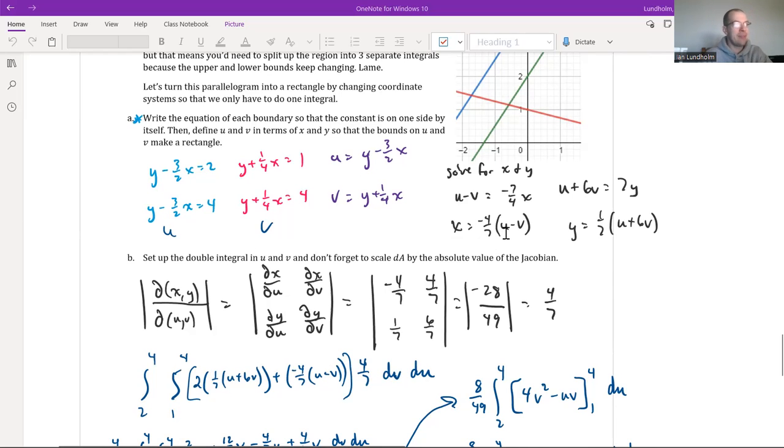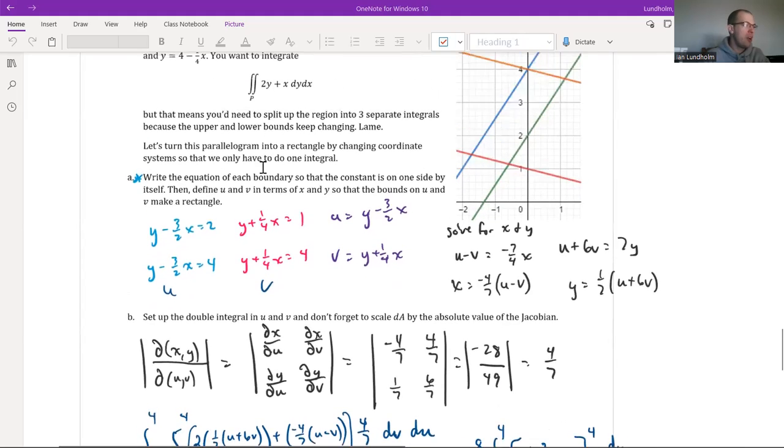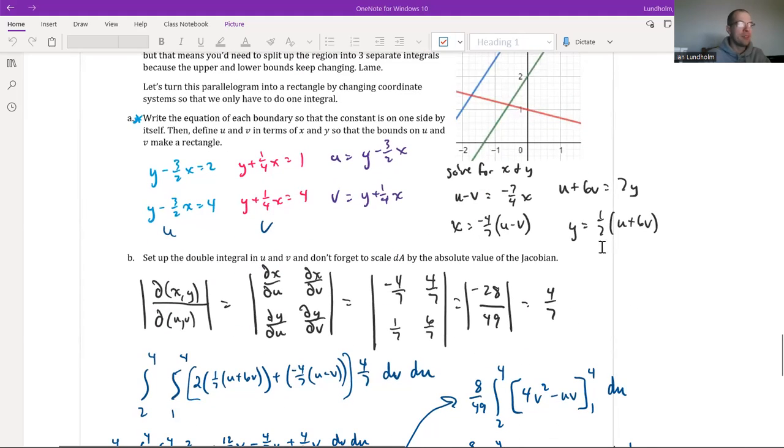X is negative 4/7 u minus v. Wait a second. That's 2y. Good grief. Okay. 2y. This is y. That's why that's there. X is this one. That's why that's there.